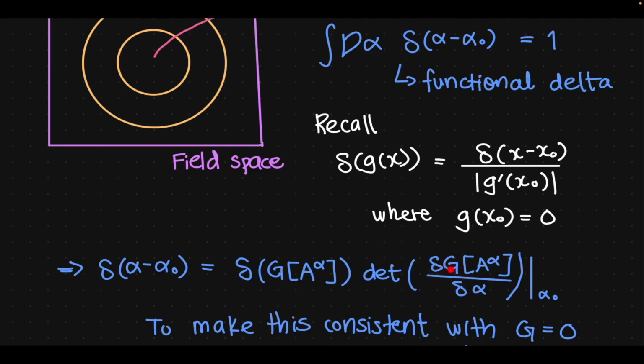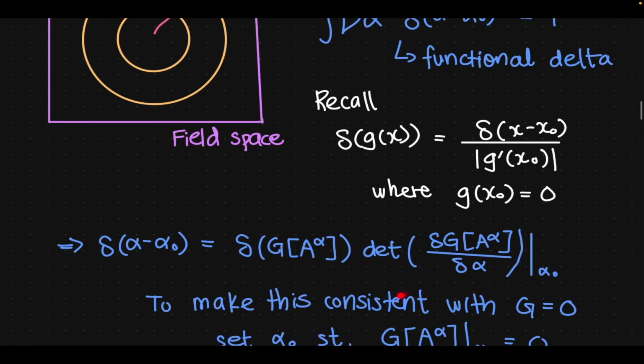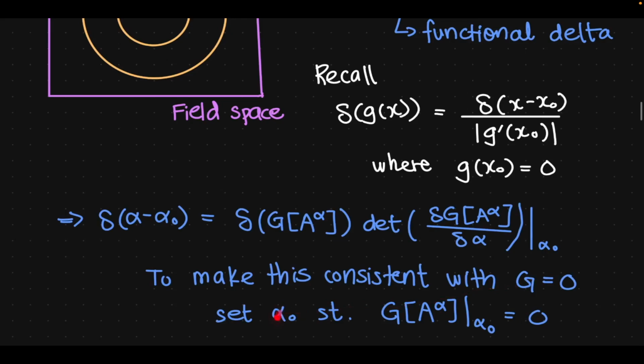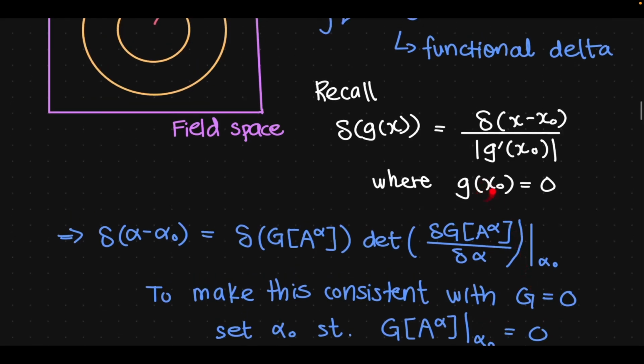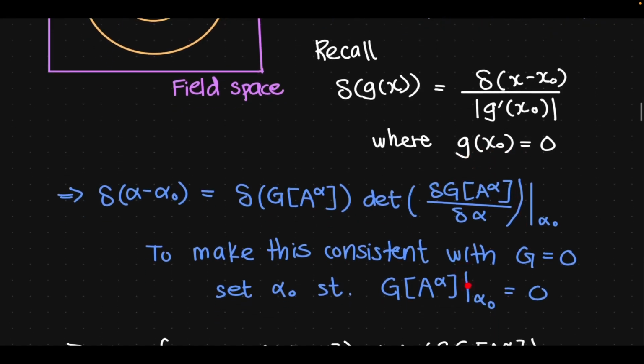So the determinant of the functional derivative of G with respect to alpha, evaluated at alpha naught. Now to make this consistent with our gauge fixing condition, G equals 0, we set alpha naught such that G of A to the alpha evaluated at alpha naught is 0. Because the x naught had to be a root of the g. In this case, the g was the capital G of alpha.